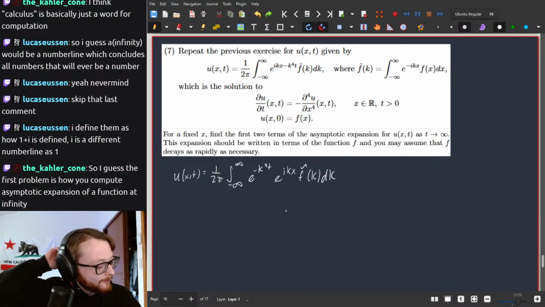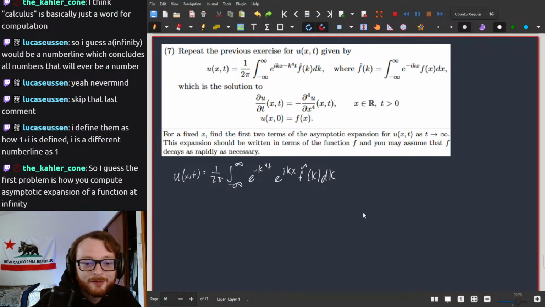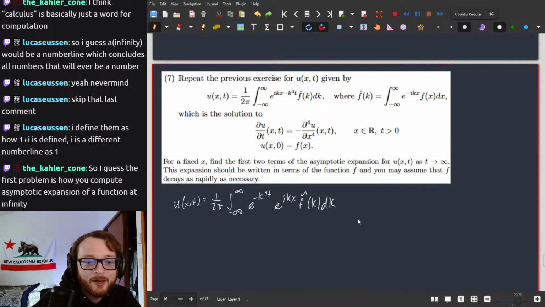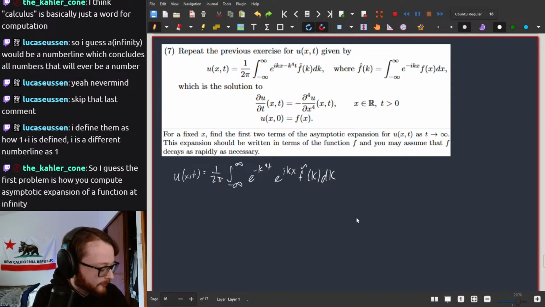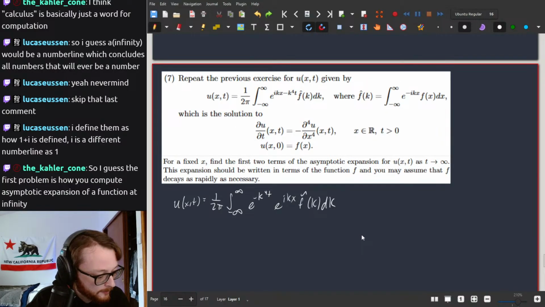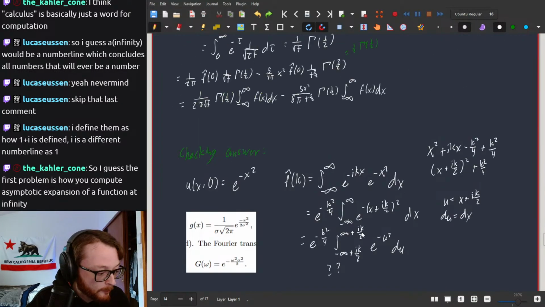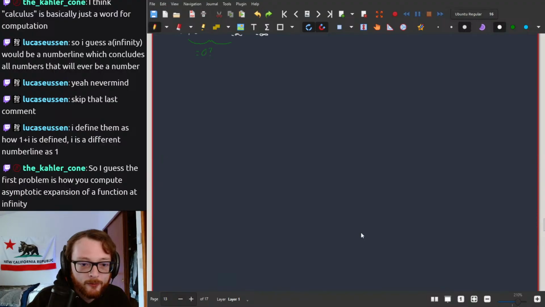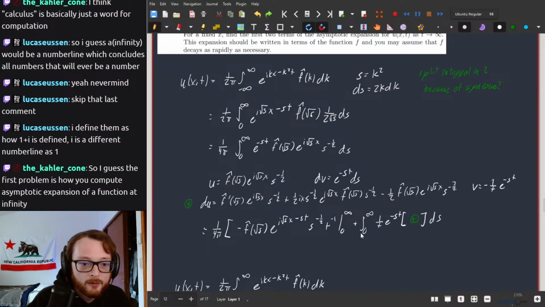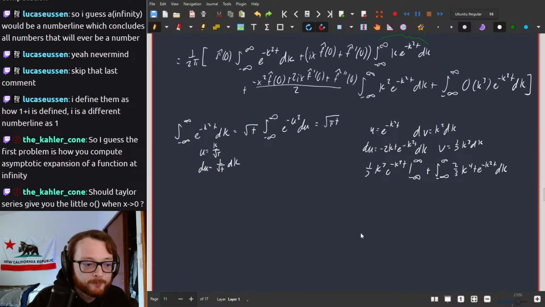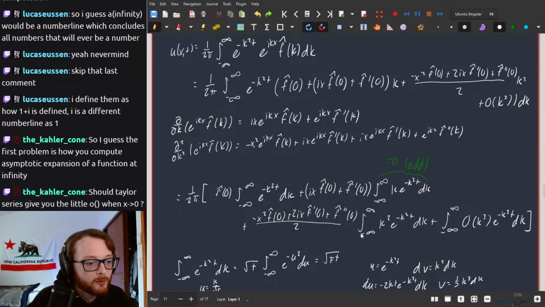So we've done many examples of stuff kind of like this. Specifically, we were doing one with a Gaussian.